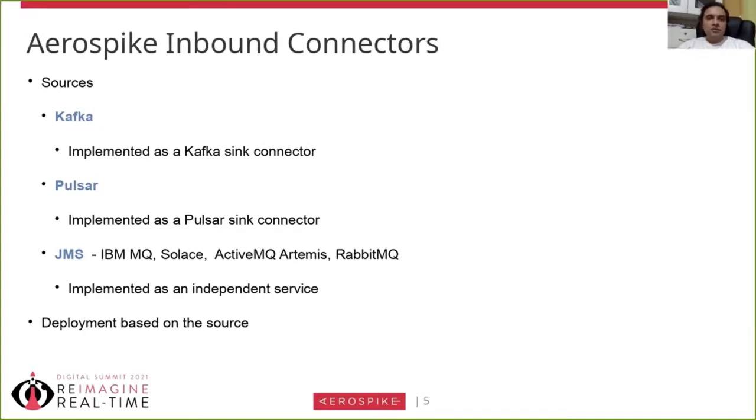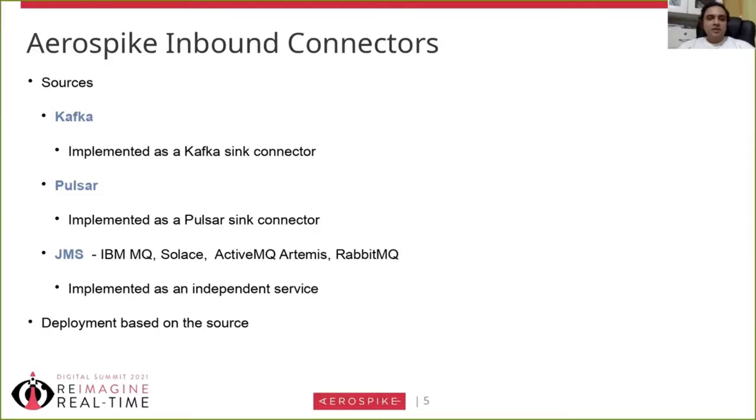In the case of Kafka, the inbound connector is implemented as a Kafka sink connector, which plugs into the Kafka Connect framework. So the connector itself does not run as a separate process. It runs as a plugin within the Kafka Connect framework. The same is the case for Pulsar, where we have implemented the inbound connector as a Pulsar sink connector.